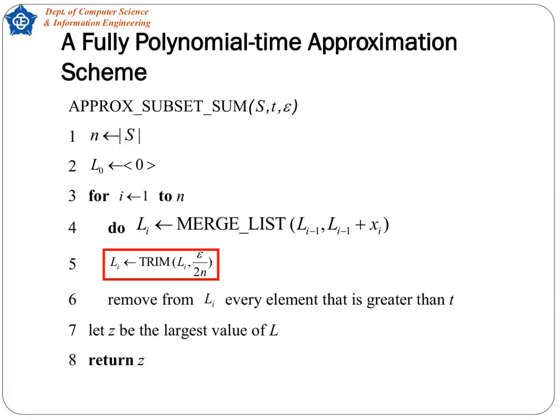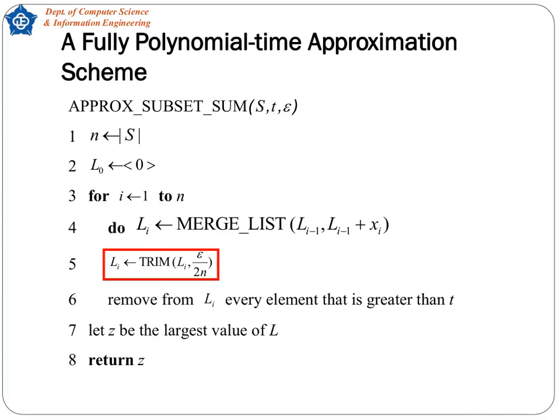Building on our choice of delta equals epsilon / 2n, here's a fully polynomial time approximation scheme for the subset sum problem called approx_subset_sum. Given a set S, a target T, and an error bound epsilon, the algorithm proceeds as follows. 1. Compute n equals the size of S and initialize L equals 0. 2.